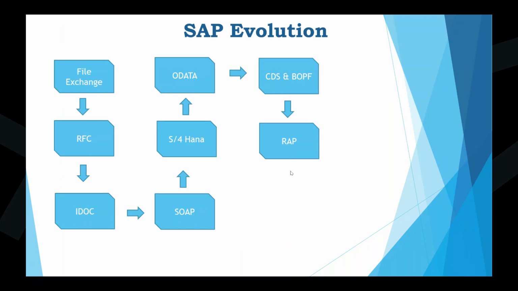First, I'm going to discuss the SAP evolutions from the starting date till date, what evolutions have come in SAP from the technology perspective. Everyone knows the journey of SAP started with the classical programming model. Even now, most clients are still using the classical programming model.